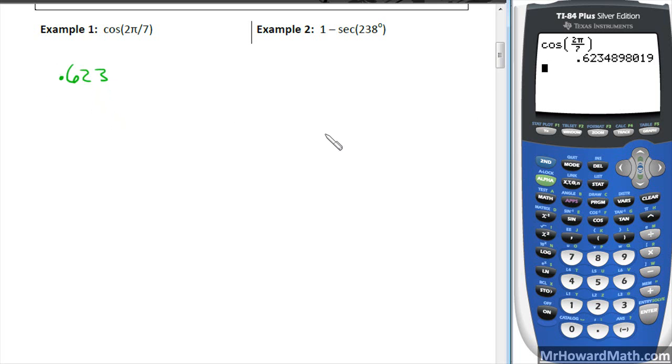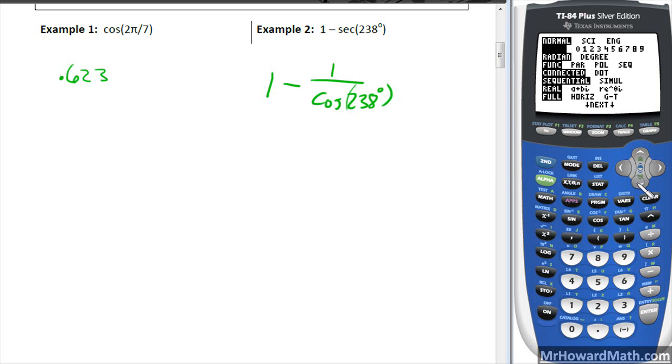All right, let's look at example 2. It's 1 minus secant of 238 degrees. Secant is the reciprocal of cosine, so that's 1 over cosine of 238 degrees. That's what we'll be putting into our calculator. We're using degrees here, so we need to change the mode to degrees.